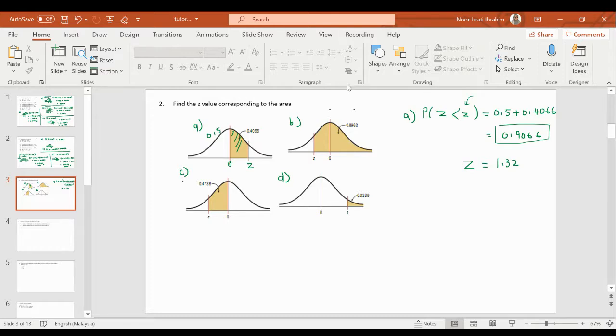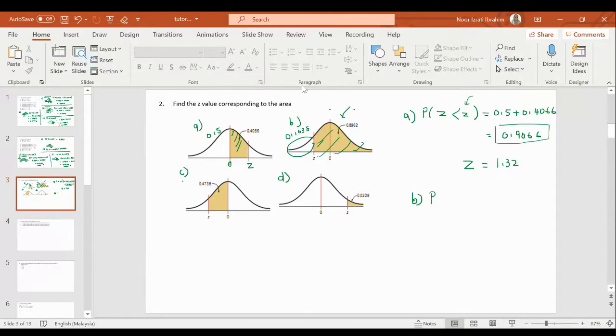The B, we are given the whole region here is 0.8962. Okay, so to find this region for B, we cannot use the given region because the table only gives us less than. So the left tail is actually 1 minus 0.8962, which is 0.1038.